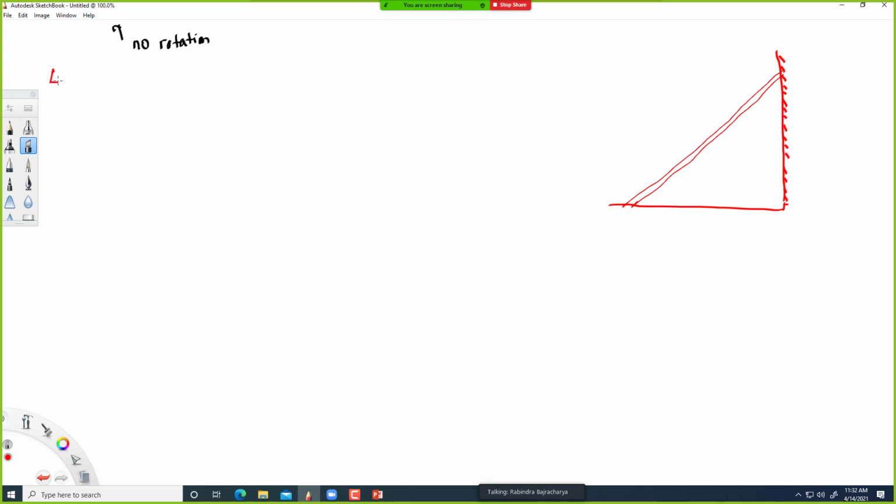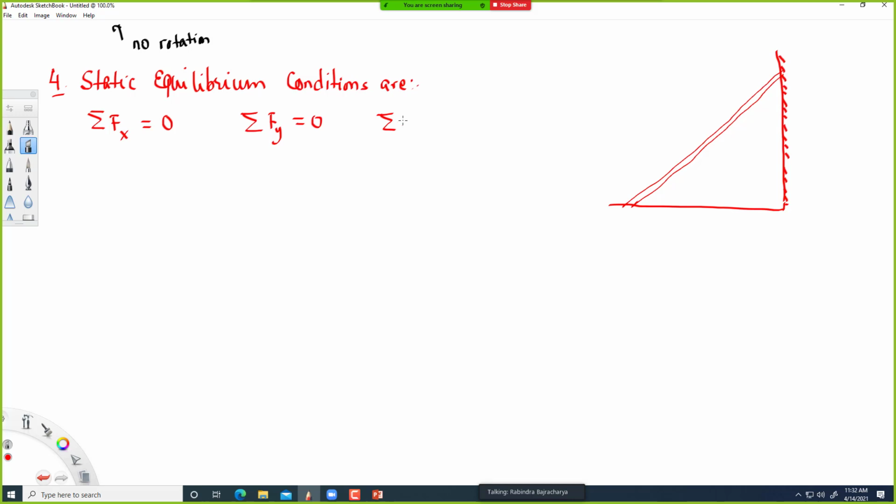For any object to be in static equilibrium, the conditions are: first, the sum of all the forces along x needs to be 0; second, the sum of all the forces along y needs to be 0; and third, the sum of the torque produced on the object needs to be 0. This means there shouldn't be any rotation, any motion in the y direction, or any motion in the x direction. In that case, it would be perfectly at rest.